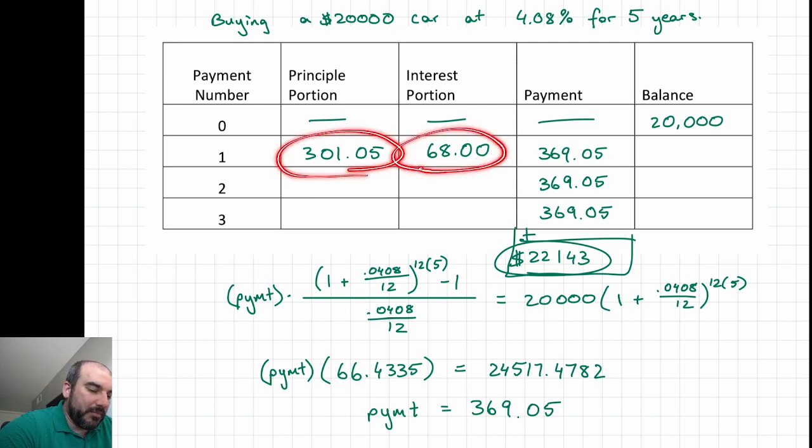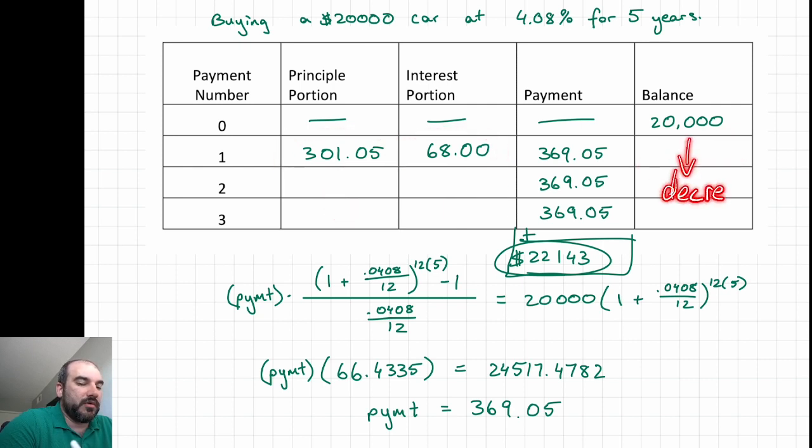And these two numbers are going to change as you go down this table. The reason is that your balance is going to decrease as you go down, right? As you pay off some of the car, the money that you owe them reduces, which means your interest is going to reduce as well.